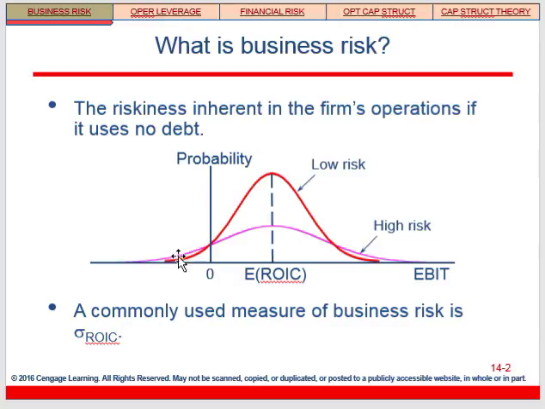The reason for that is the chance of losing money, which is the area under the pink curve, is higher than the chance of losing money under the red curve, the area right here. So in this particular case, the spread, or the sigma, is determining the risk.